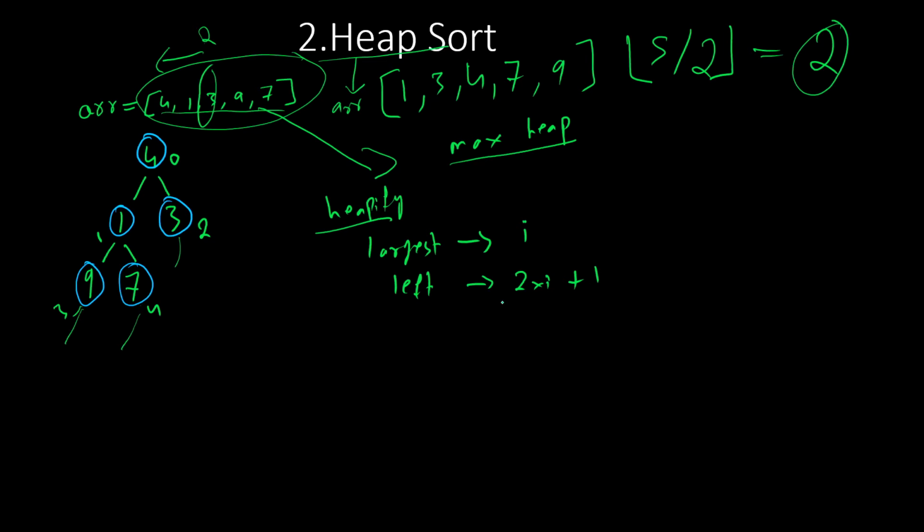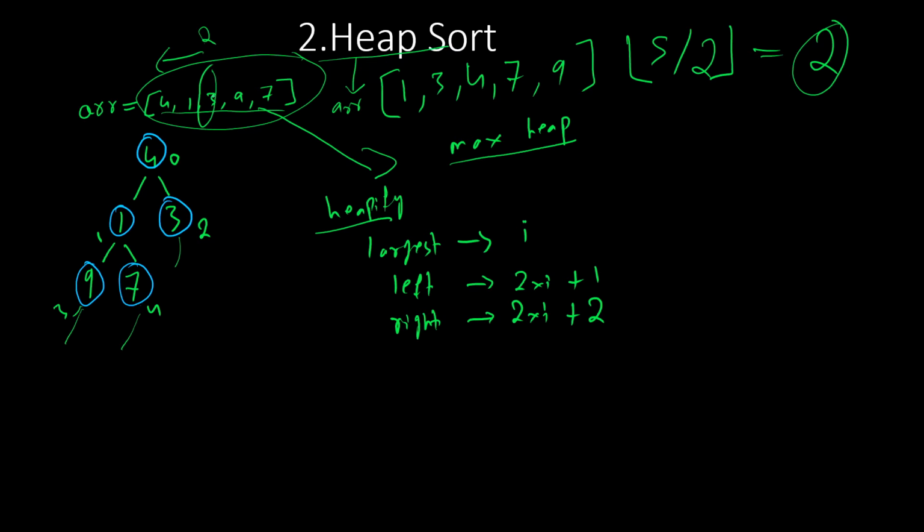Similarly for the right side, we use 2 times i plus 2, giving us the right child. If no such index is present, then the child nodes are not present.